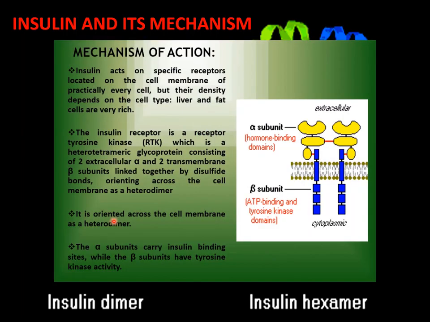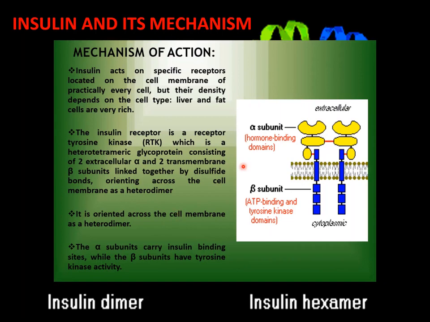Mechanism of action. What happens when insulin is exocytosed into the bloodstream? Insulin acts on a specific receptor located in the cell membrane, present in every cell, but their density depends on the cell type. Liver and fat cells are rich in receptors. What is the receptor?